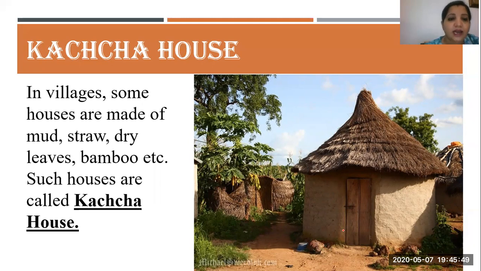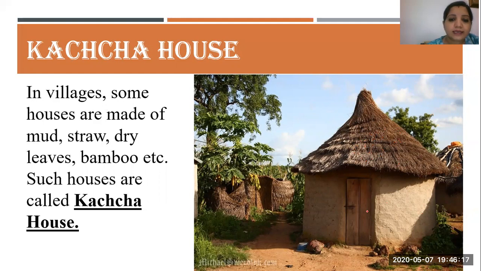Understood, children? And these houses are easily found in villages. You can't find these houses in cities or in towns. I hope all of you understood this much. Yes, children? So kacha houses are the houses that are made up of straw, mud, dry leaves. In this picture also you can see these are dried grasses. They have used wood for the door.